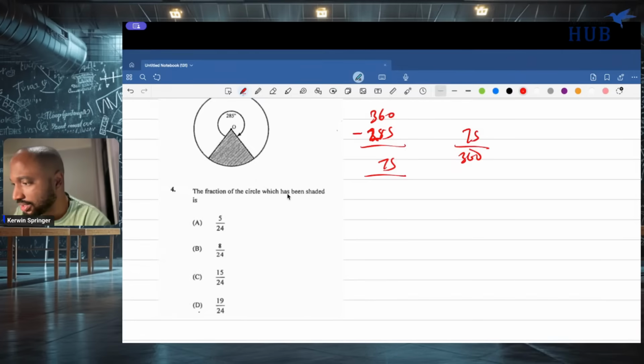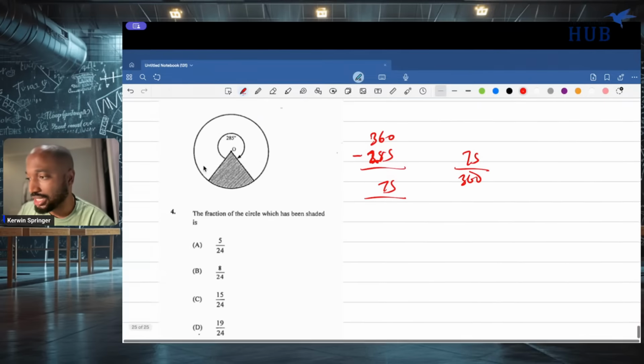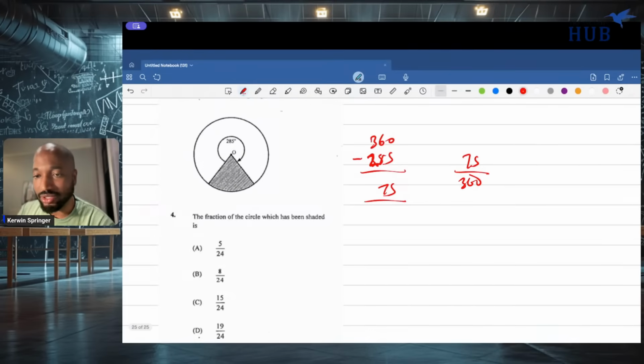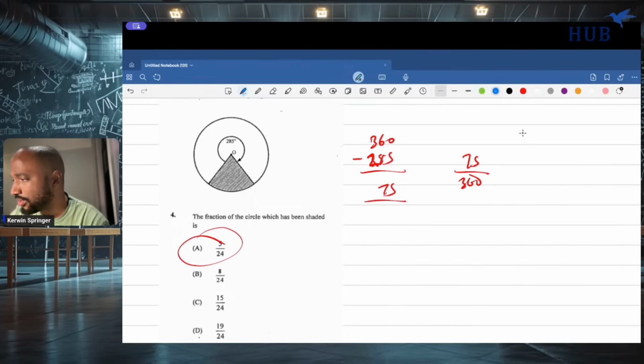The fraction of the circle which has been shaded, the shaded region, not the unshaded region, eh? The unshaded is 19 out of 24. The shaded region is 5 out of 24. I find someone in the chat leading me down the wrong road right through, you know.